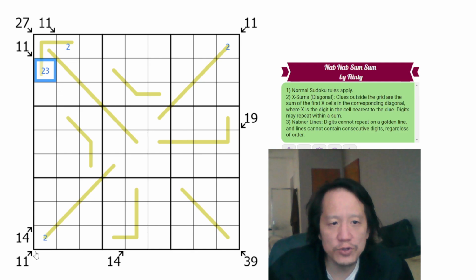So this is 2 or 3, this is 2 or 3, and this is 2 or 3, which means 2 or 3 cannot be in any of the rest of row 1 or column 1, because we have a 2-3 pair, right? So whatever is here is not here, which means this is the red, and this has to be green.